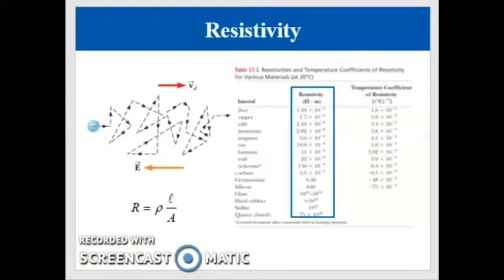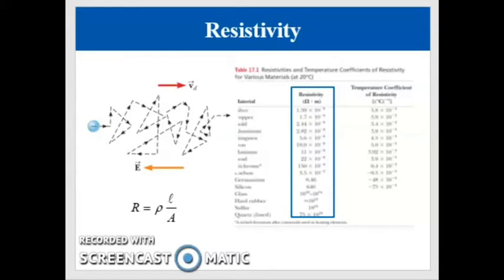An electron gains speed as the electric force associated with the internal electric field accelerates it, which gives it a velocity in a direction opposite that of the electric field. A collision with an atom randomizes the electron's velocity, reducing it in the direction opposite the field. The process then repeats itself.